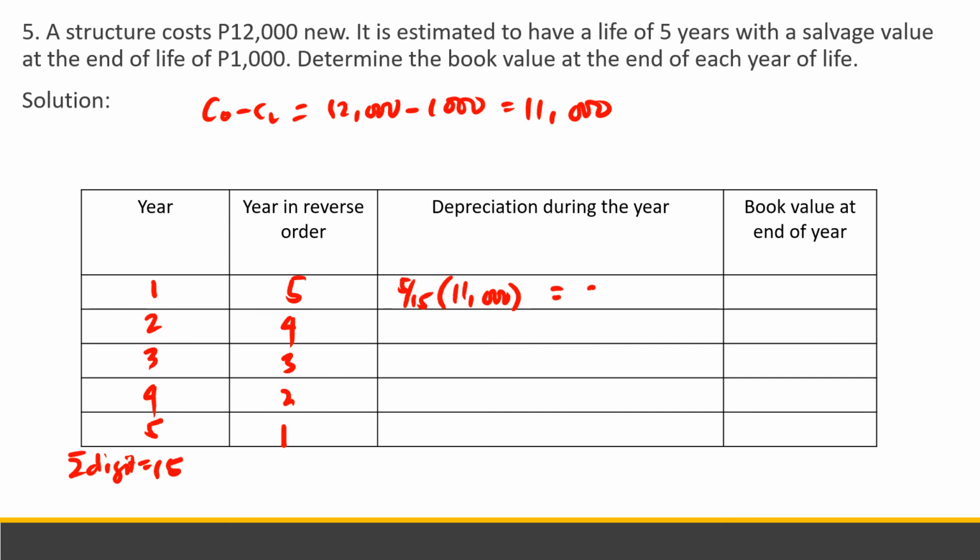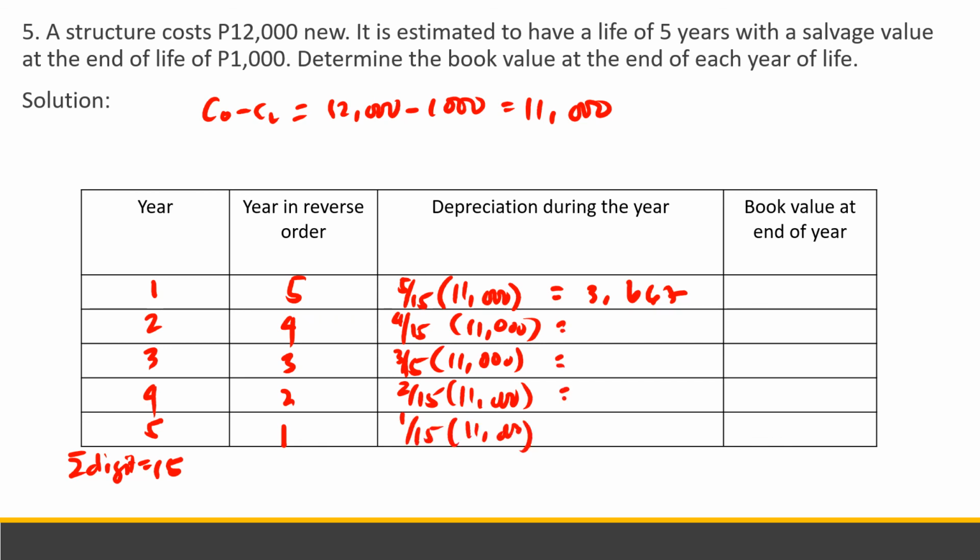So this is 3,667. So 4 over 15 multiplied by 11,000. 3 over 15 multiplied by 11,000. 2 over 15, 11,000, and 1 over 15, 11,000.